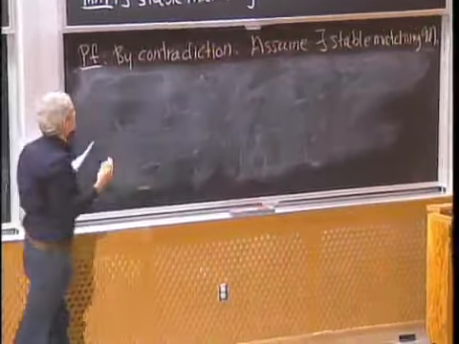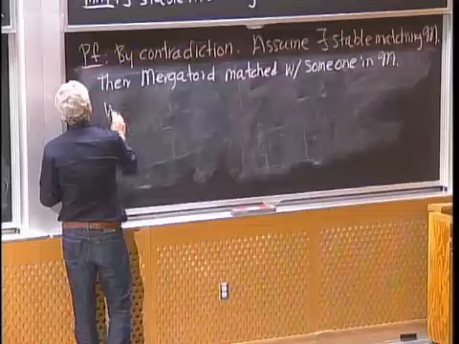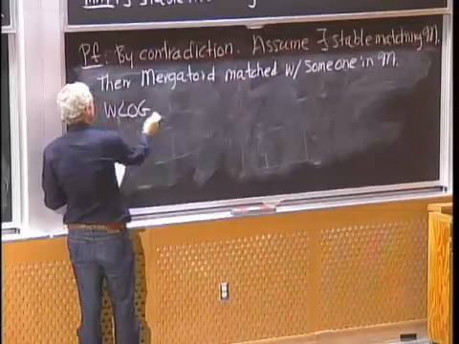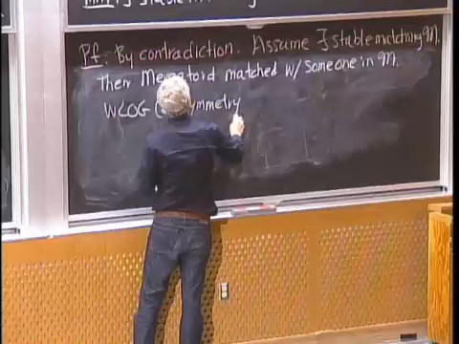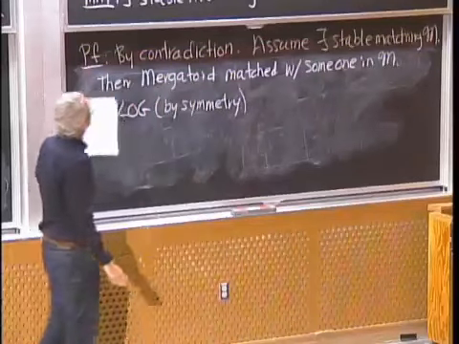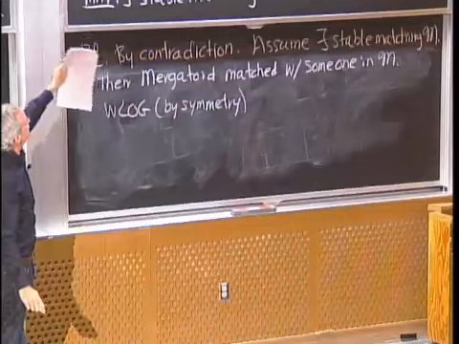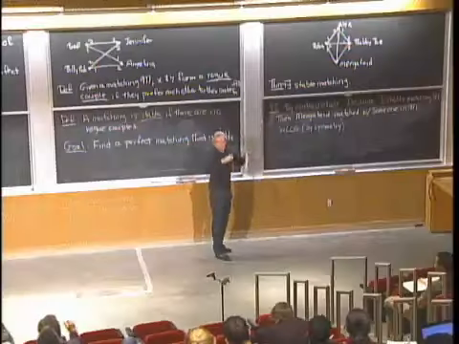All right, now here I'm going to do something that you can do in your proofs, but you've got to be careful when you do it. I'm going to say, without loss of generality, assume Murgatroyd is matched to Alex. I can do that, this is the abbreviation, without loss of generality, by symmetry. And really I should explain what I mean here in the proof. Well, that love triangle is symmetric. Each one has a preference to the next person around the triangle.